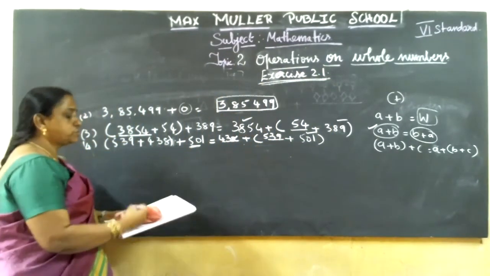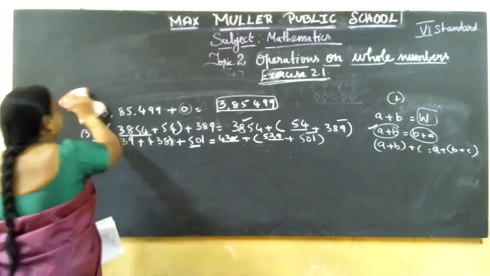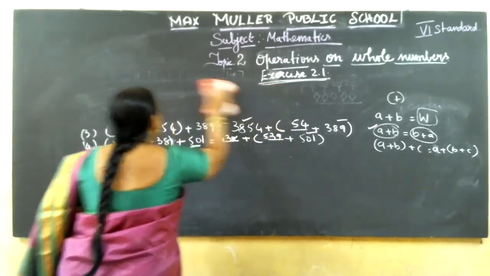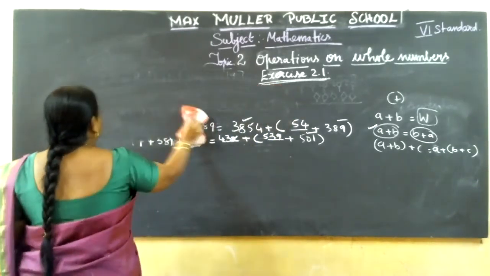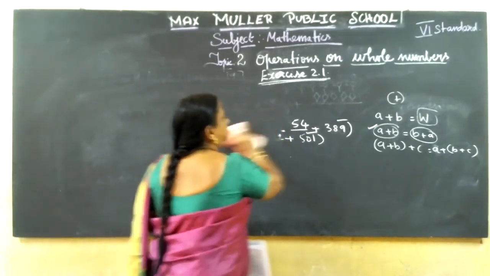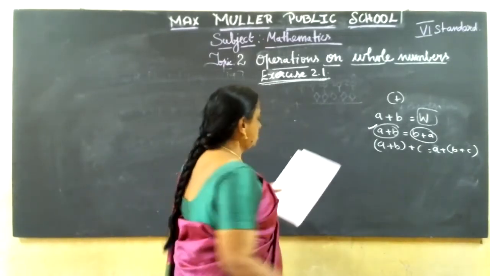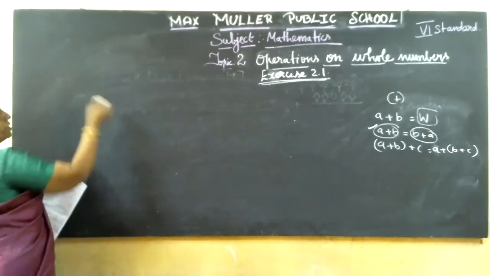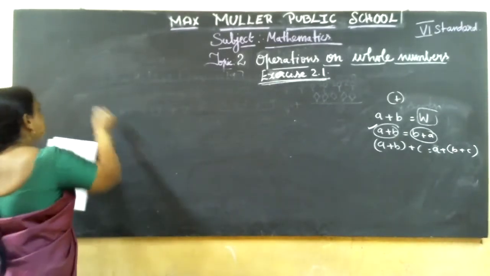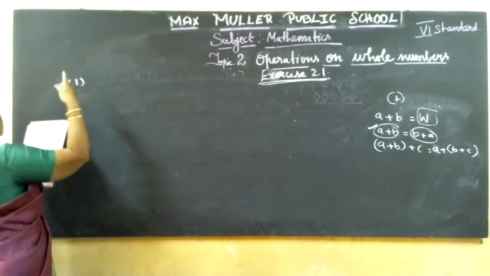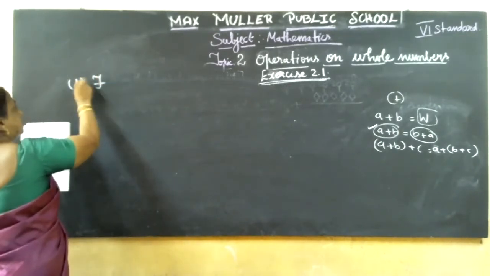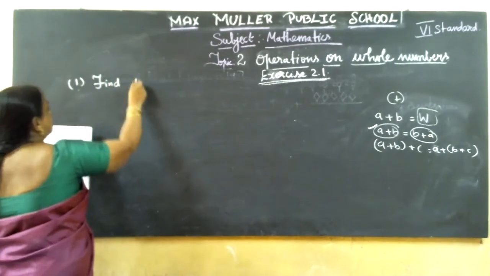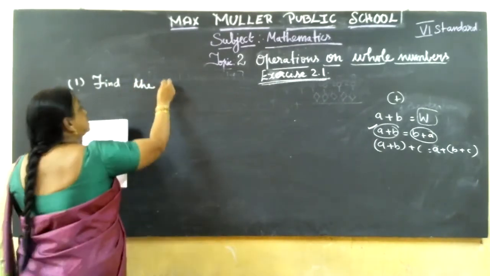See, children, in the textbook many questions are there. I'll select and do the very important questions. Now 2.1, question number 1, find the missing digits. Question 1 we already did in textbook. Even though I'll give it in classwork as question number 1, actually it's the second question. Find the missing digits.